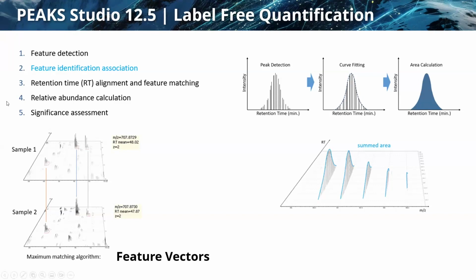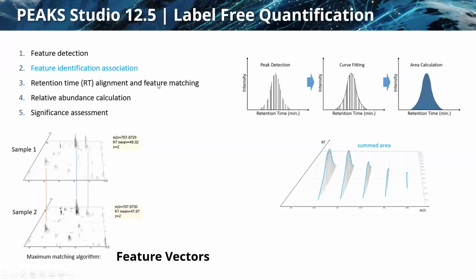So this is just showing the general DDA algorithm for LFQ. It starts with the feature detection, which actually happens at the very start of the workflow. We already talked about this. And then the feature identification association is just taking your MS2 matches and associating it with the MS1 feature.